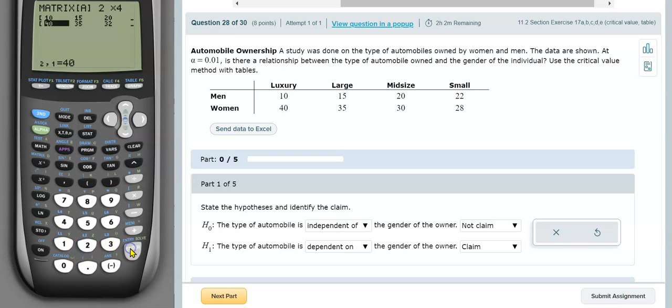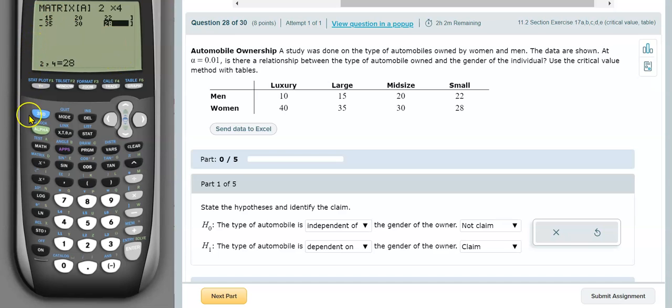As soon as I finish the line, the calculator will start the next line. I'm going to put 40 here, 35, 30, 28. Okay, great, so I'm done with the matrix.